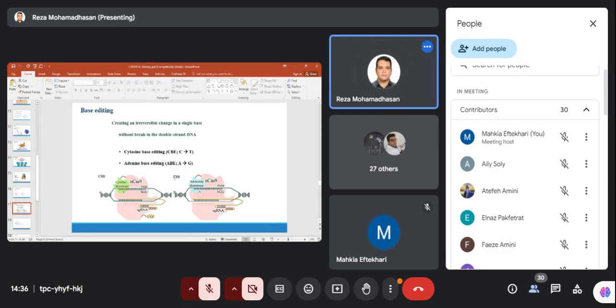But for ABE, you just need adenosine deaminase, and it's really helpful and useful for you as a researcher that you just change one nucleotide to make a mutation, and it is efficient for gene therapy of some human diseases, just to change one nucleotide to fix it, to treat the disorder.